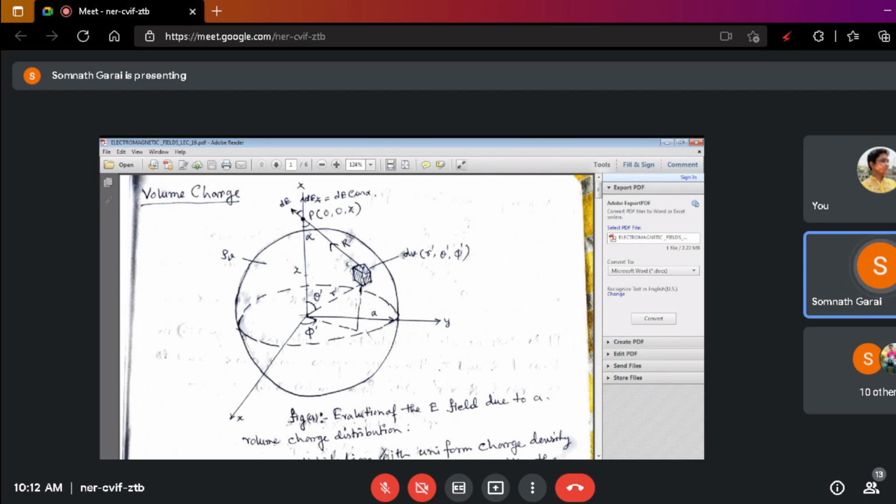Now this volume we take from r dot upper to the plane of the 0 axis. That's why this amount is equal to r dot. So at that point, the value of capital R will be capital Z plus small r dot.